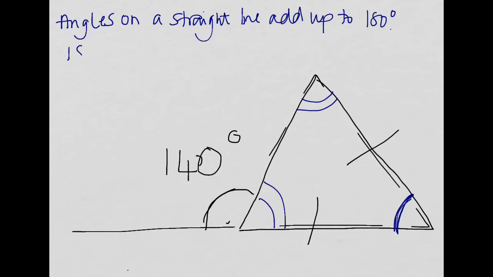So 180 subtract 140 is equal to 40 degrees.